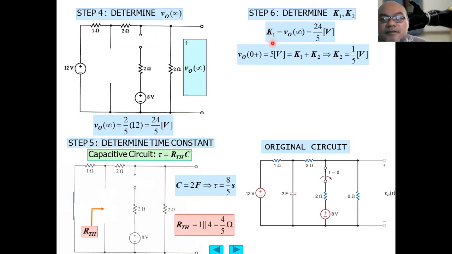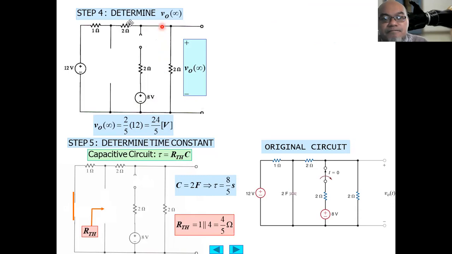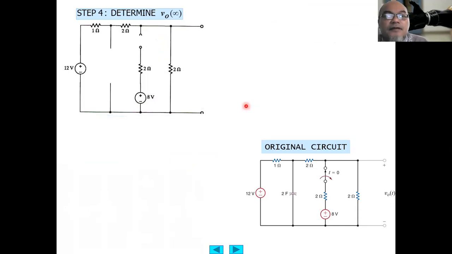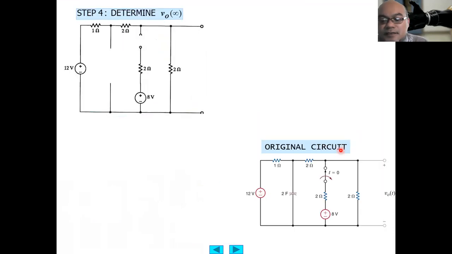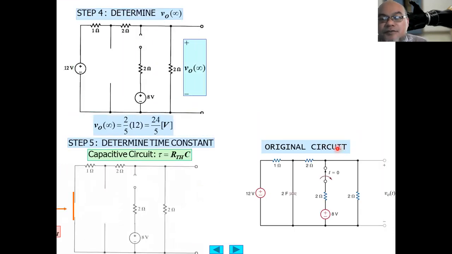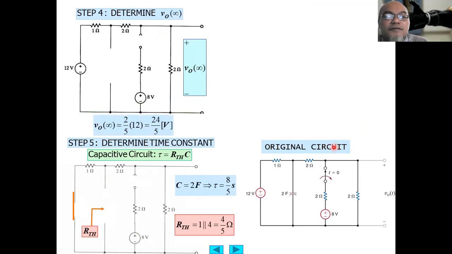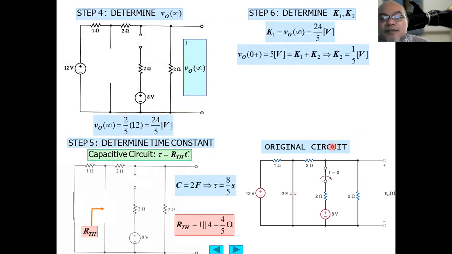Let's determine K1 and K2. K1 is the steady state response when the V output is at infinity, so K1 here is 24 over 5 volt. The initial value is already calculated, 5 volt, and this equals K1 plus K2. So 5 volt equals 24 over 5 volt plus K2.